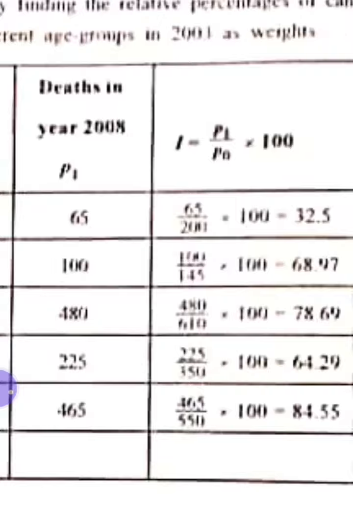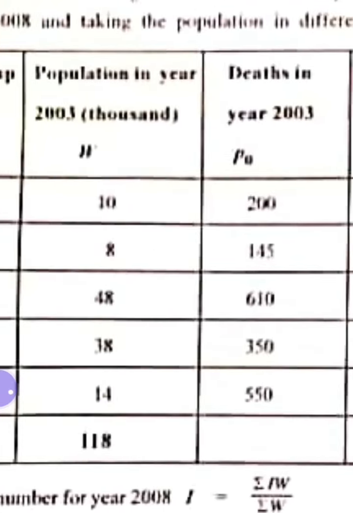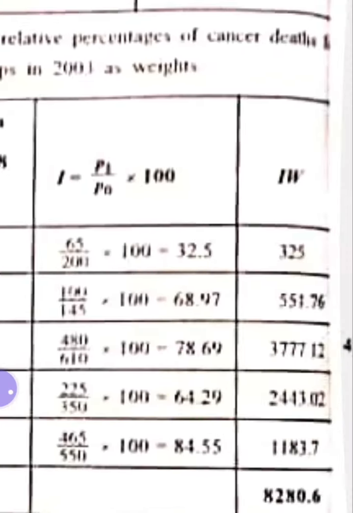Now we are having I, and we are having W also. We are going to multiply them and find IW. For the first row, when you multiply 32.5 and 10, you will get 325. Similarly, 68.97 into 8 will give you 551.76.